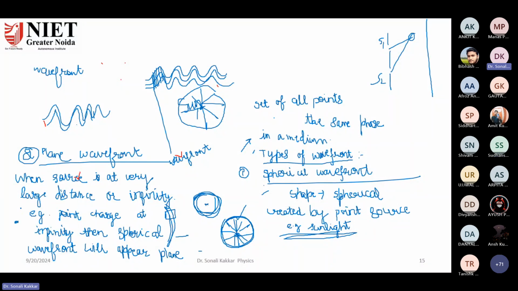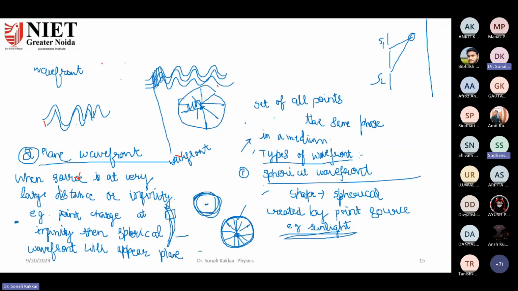Note this down also. When we throw a stone in water, is it a spherical wavefront? But because it is in 2 dimensions, it appears circular in shape. Over the surface of water, the waves which appear are circular wavefronts because it is in 2 dimensions, right?